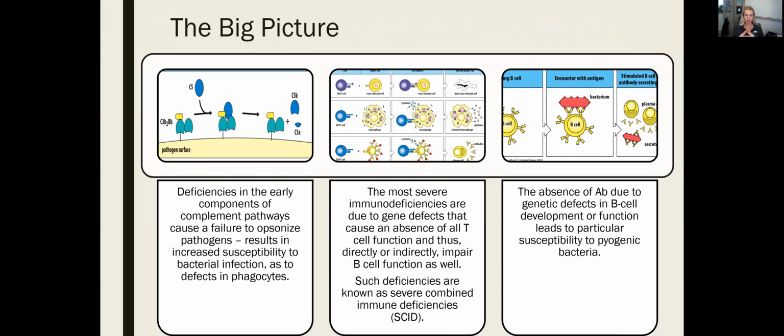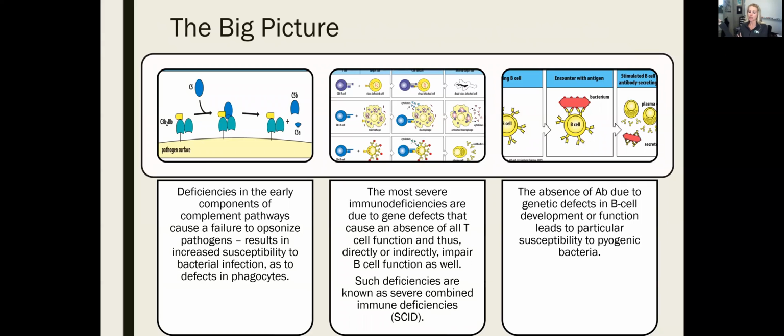Deficiencies in the early component of the classical pathway lead to a decrease in the production of opsonins, which will lead to a decrease in uptake of those pathogens by phagocytes. And so any organisms that are typically phagocytized, like bacteria, will be affected, and we see this leading to a lot of bacterial infections.